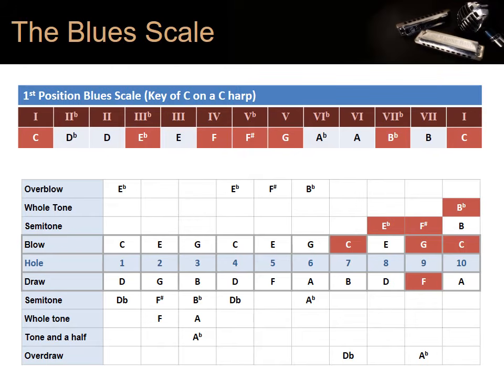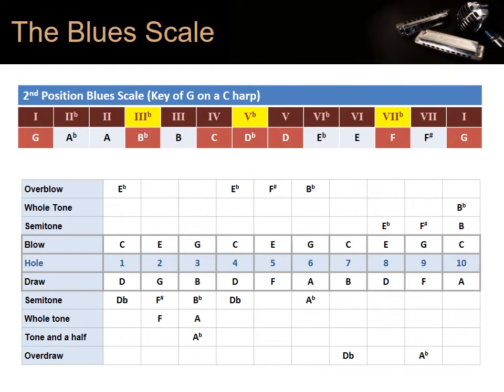So in first position in the upper octave, the entire blues scale is available through bending. And this explains why first position blues is often characterized by this high-end harmonica, the Jimmy Reed style playing. The middle octave is pretty much avoided by all but the most technically proficient players.